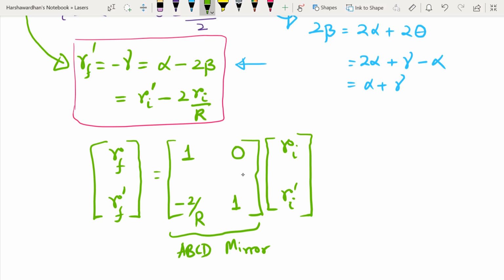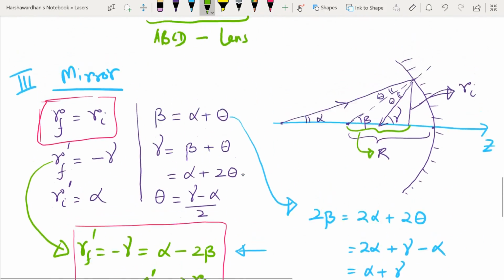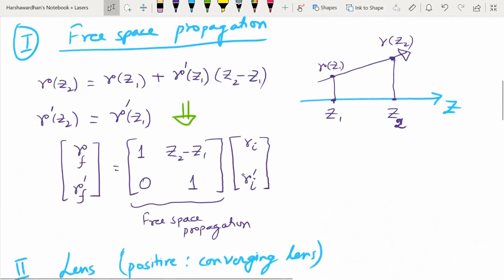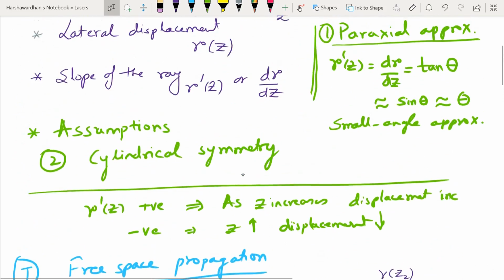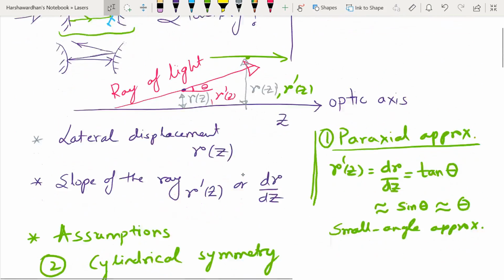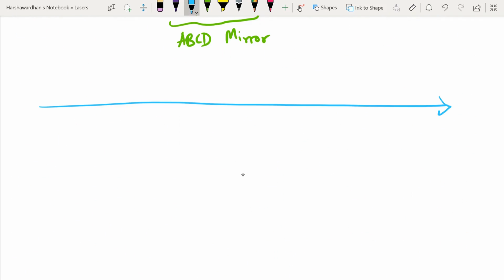Now you see clearly that R by 2 essentially behaves like the focal length of a mirror, where R is the radius of curvature of the mirror. Right. So now that we have got operationally these few matrices, what the ABCD matrix does is to actually allow you to do the following.